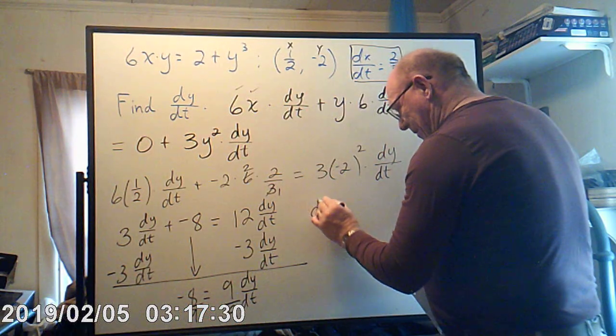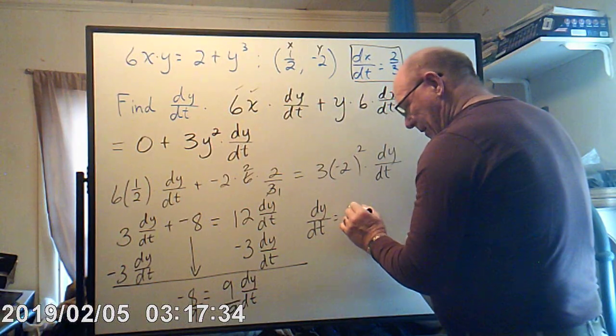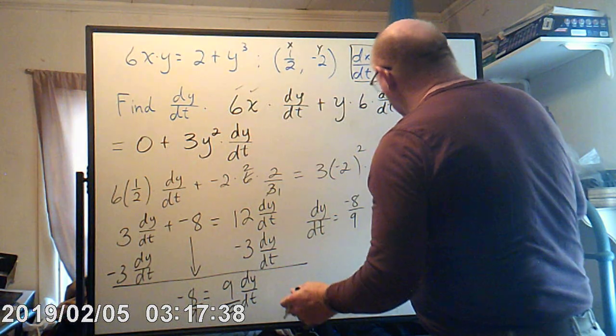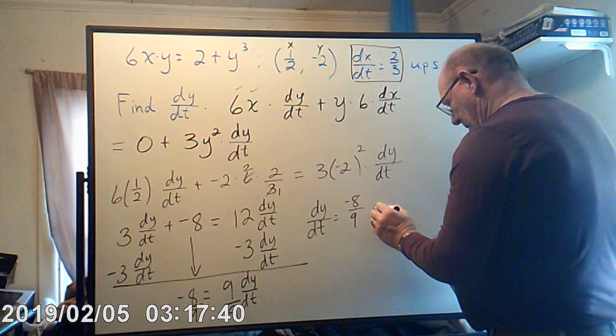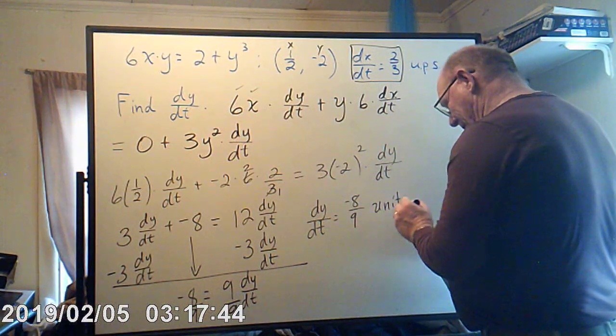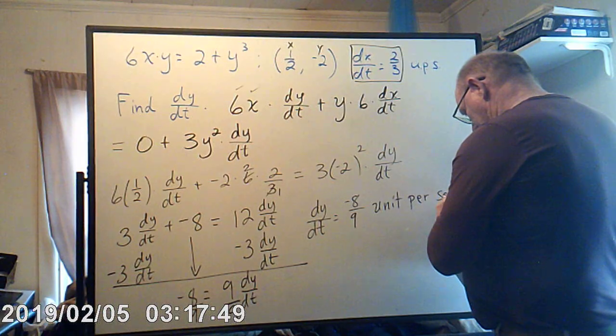So dy over dt is negative 8 over 9. And that's going to be in units, or negative 8/9 of a unit per second. Just going to abbreviate that.